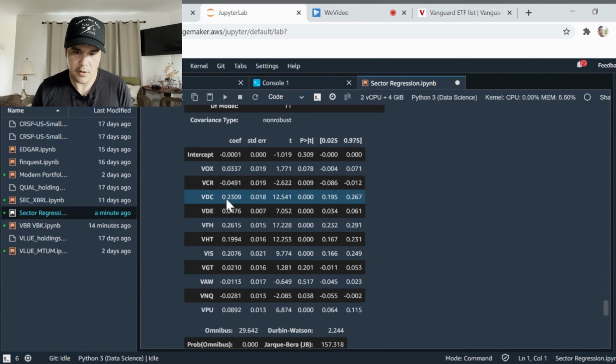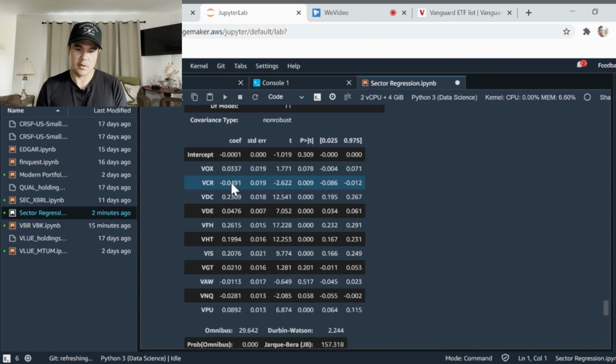The coefficients are very large for staples. It seems to be much larger for consumer staples in the large cap value versus the small cap value. There's definitely a bias towards industrials and towards financials.